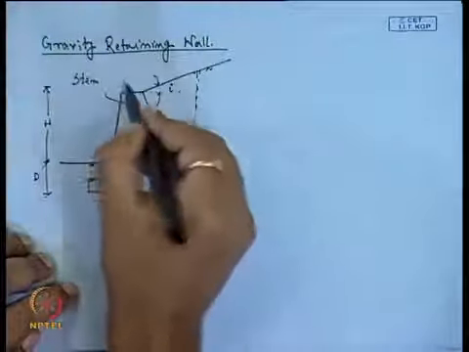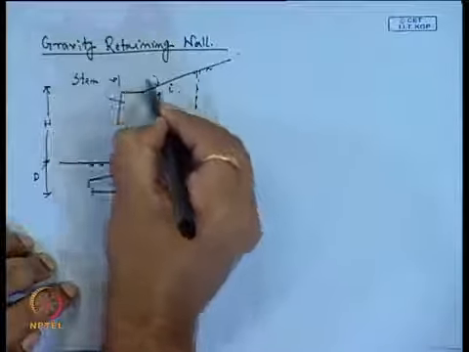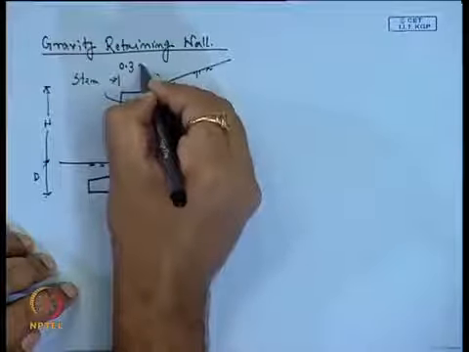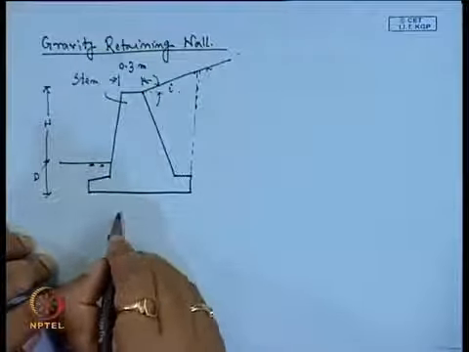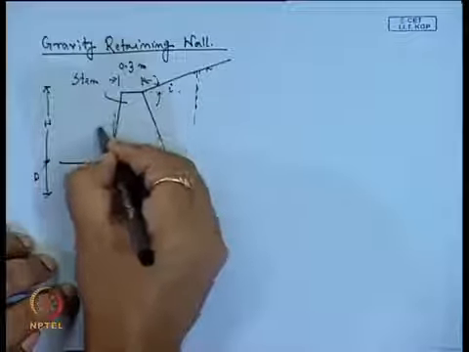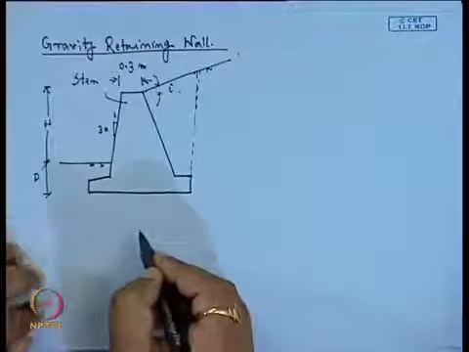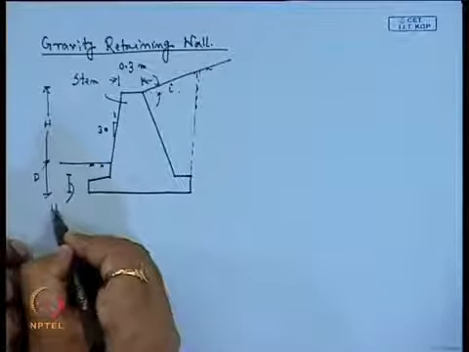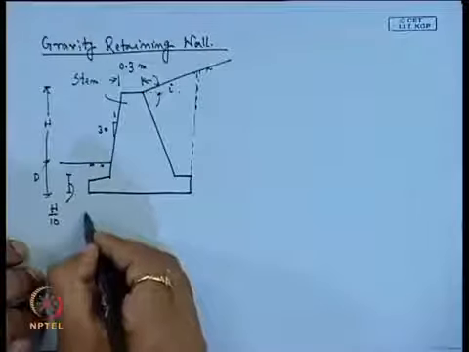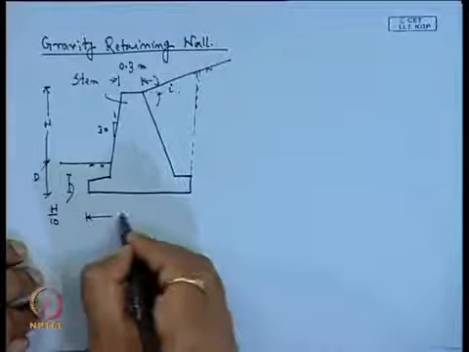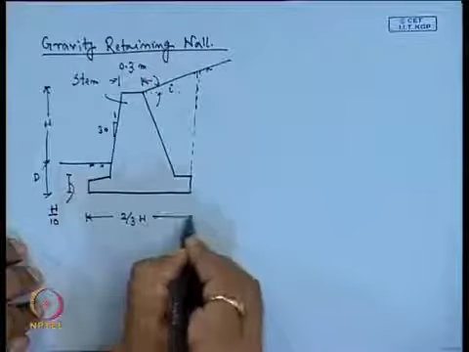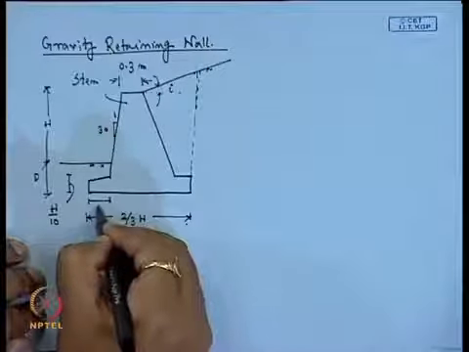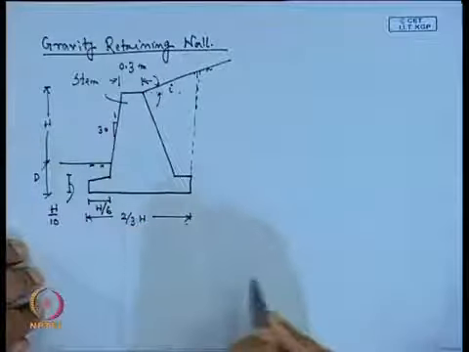Now, for the guideline which is provided, this top portion is taken as around 0.3 meter or 300 millimeter. Now, the slope is 1:30. Now, the height of this base is taken as h by 10. With this guideline, we can consider 2/3 of h, and this extended portion is taken as h by 6.